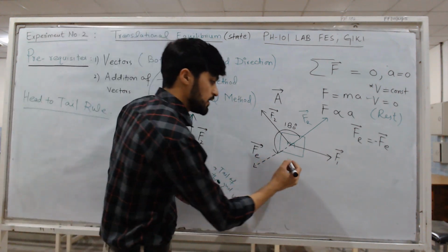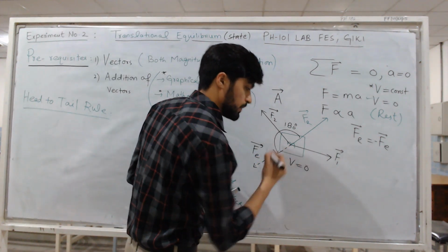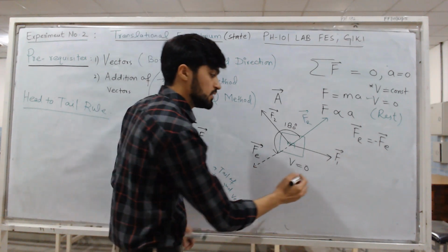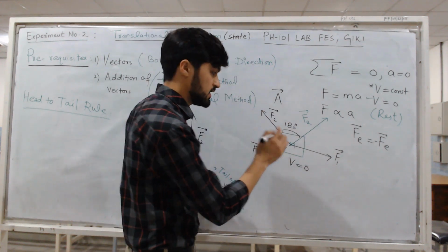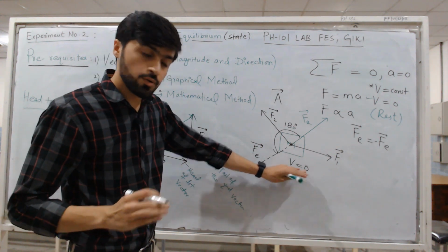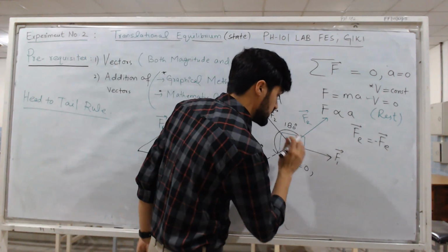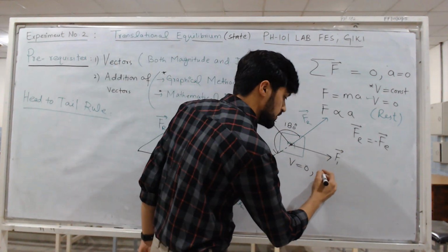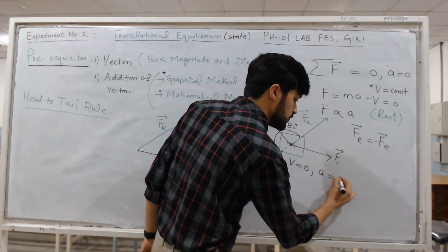So we can say that the velocity is equal to 0, which means it is at rest. The velocity of the center of mass of this system, let's say this is the center of mass, is equal to 0. It means that this block of mass m is at rest, which means that the acceleration is equal to 0.